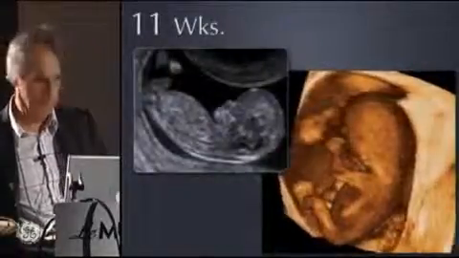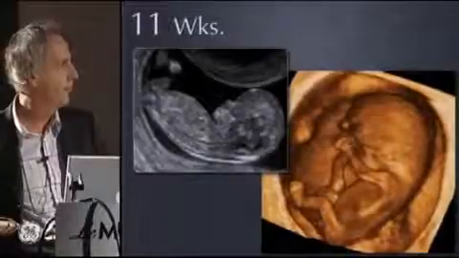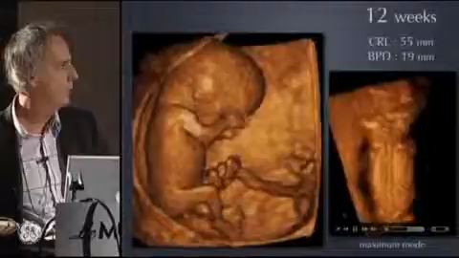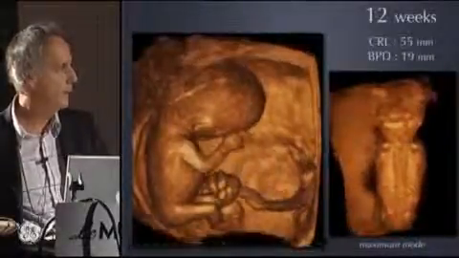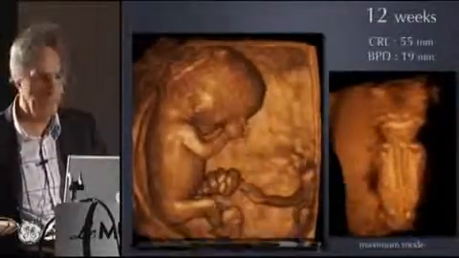11 weeks. 12 weeks with maximum mode, loop of umbilical cord. At this stage, the midgut hernia disappears. 13 weeks.